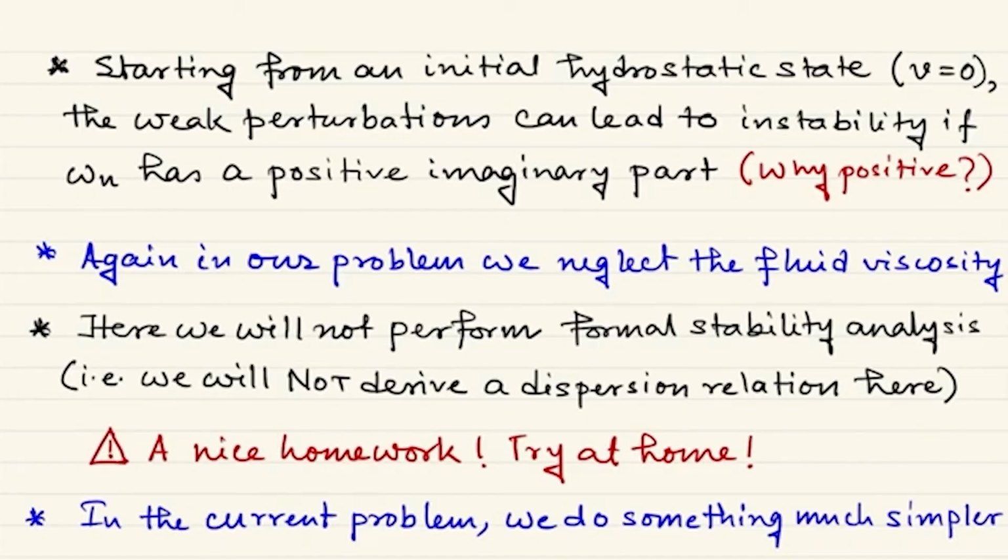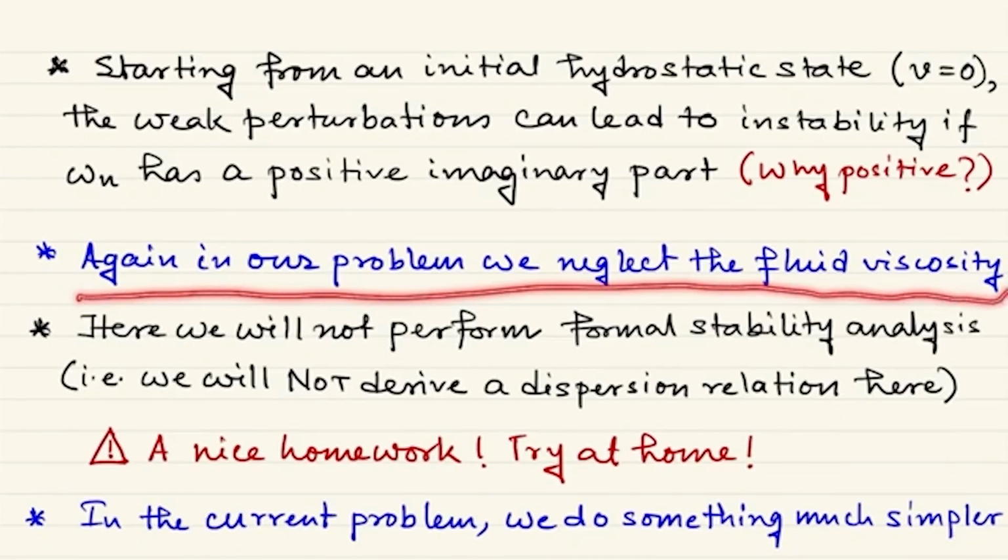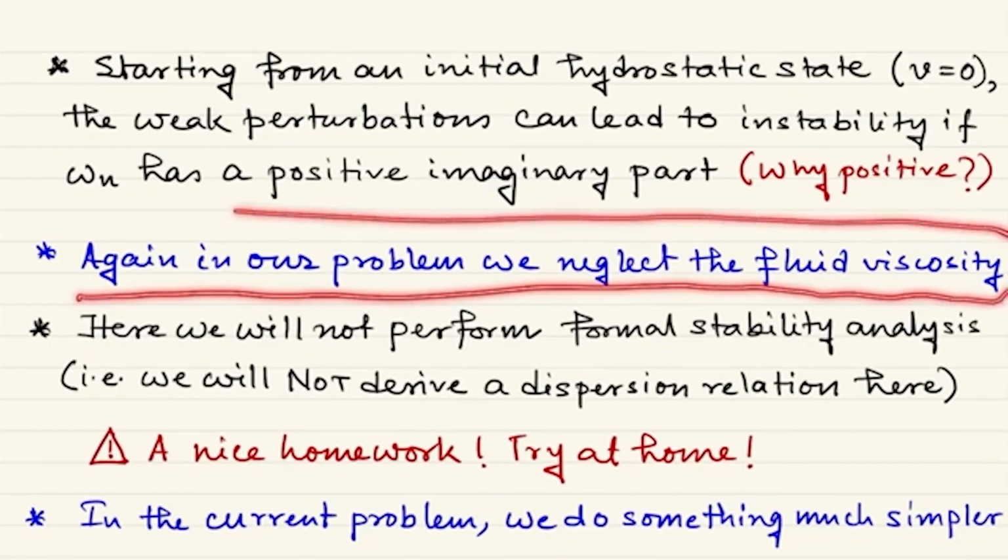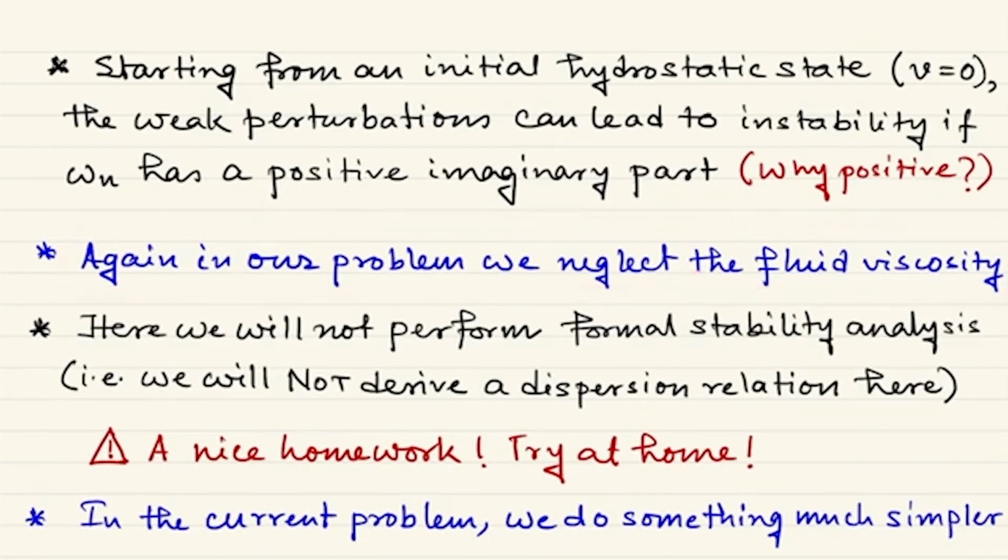Okay, we will see. Before that, let me just mention that in this problem, again for simplicity, and this is very reasonable for the astrophysical context, we neglect the fluid viscosity with respect to the gravitational force and the pressure gradient force.